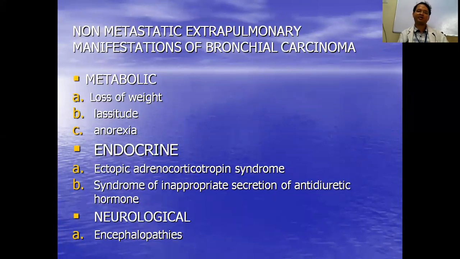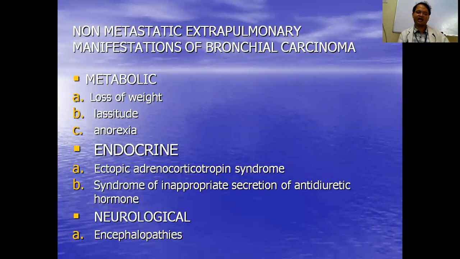The extrapulmonary manifestations of bronchogenic carcinoma, if they are present, can be non-metastatic. It's not due to metastatic spread of the carcinoma, but these are the extrapulmonary manifestations. They are the metabolic changes like loss of weight, loss of appetite or anorexia, and lassitude or fatigue.